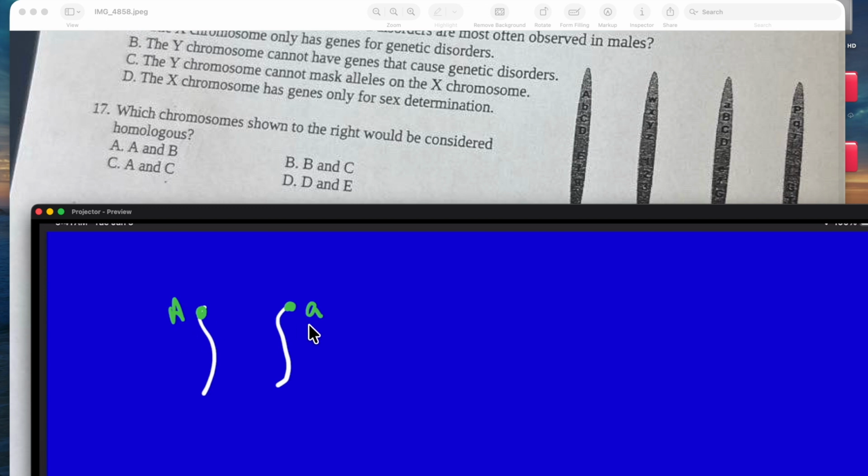However, during mitosis or meiosis for that matter, when these chromosomes duplicate or replicate, they are going to be identical sister chromatids. So that's the difference between the word homologous and identical sister chromatids.